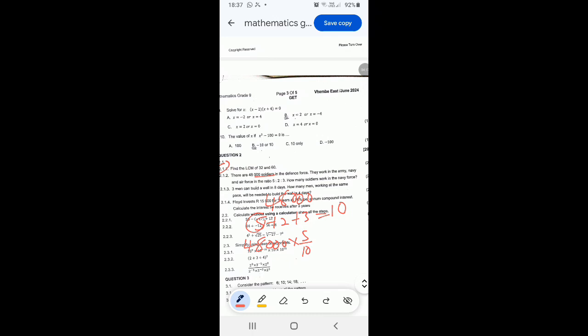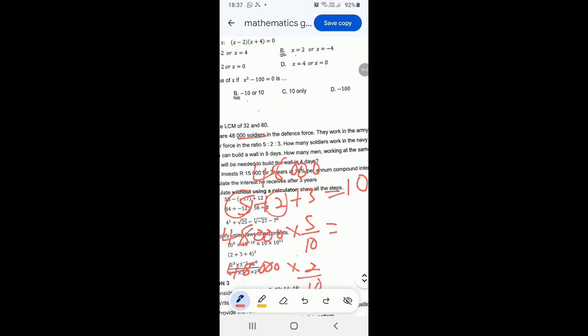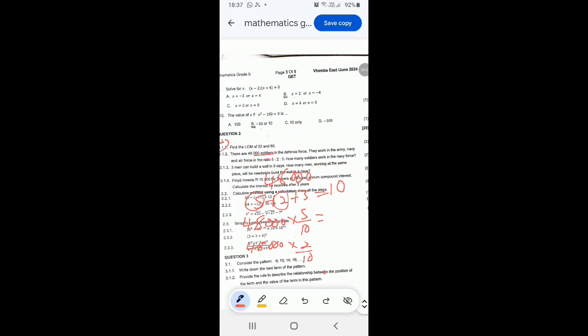We divide by 10. We'll get our answer. Then we'll say 48,000 times 2 divided by 10. Then 48,000 times 3 divided by 10.